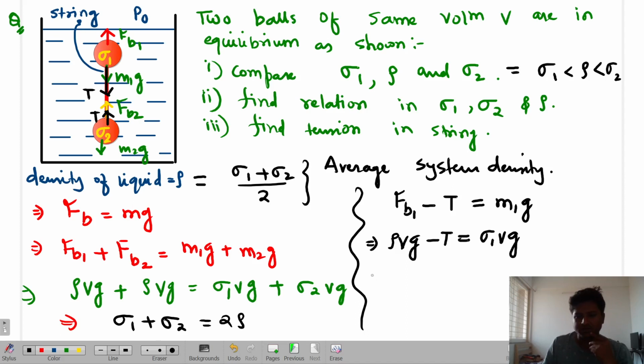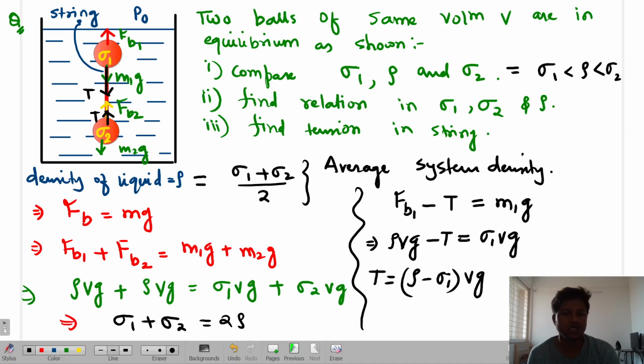So tension T is nothing but rho minus sigma 1, into V, into g. You can even write the same equation for sigma 2.